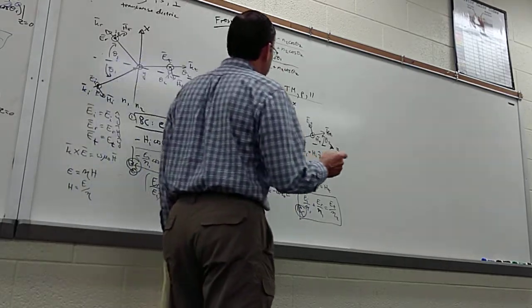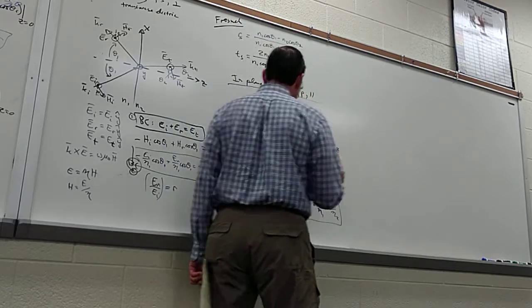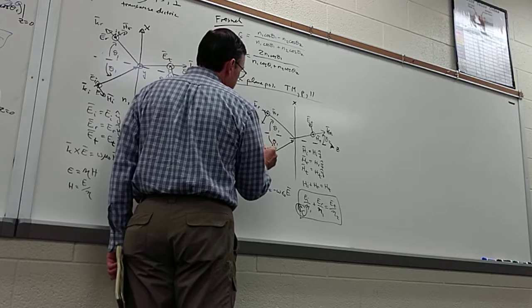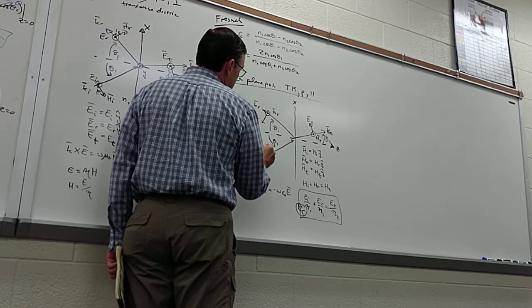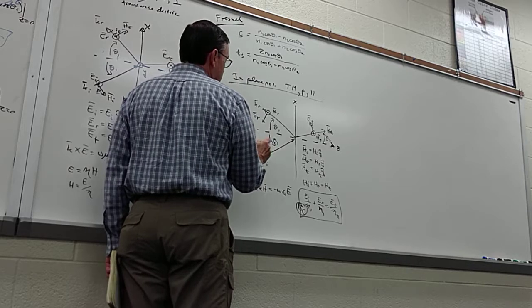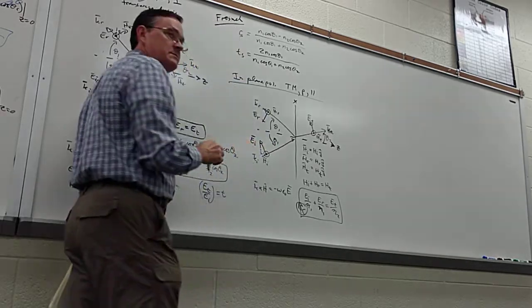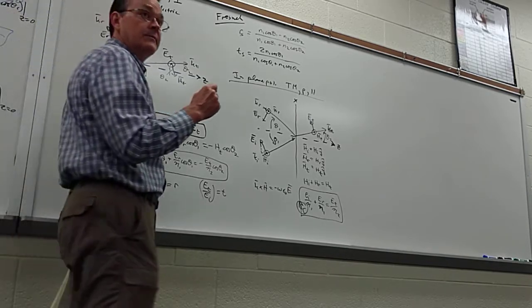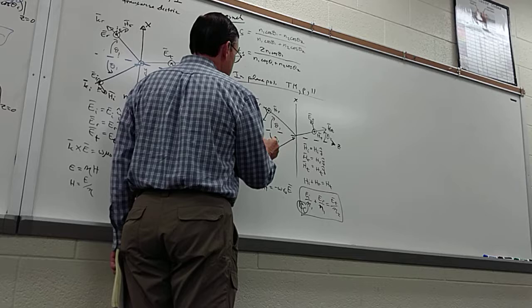And then over here, let's write down the boundary condition for the electric field. So the transverse component is going to be basically this piece right here. So how much is that? Pardon? Is it also theta 1? Yeah, this is also theta 1.